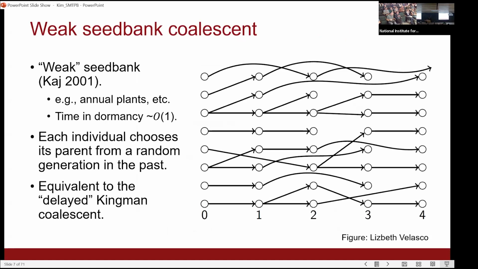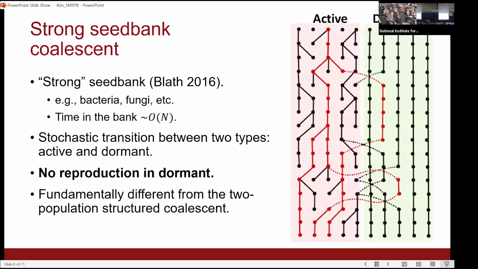Statistically, this has been shown to be equivalent to the Kingman coalescent, but with a delayed coalescence time. So in terms of inference, one can utilize inference methods developed for Kingman, but there's an identifiability issue about whether it is dormancy or a slowed mutation rate.